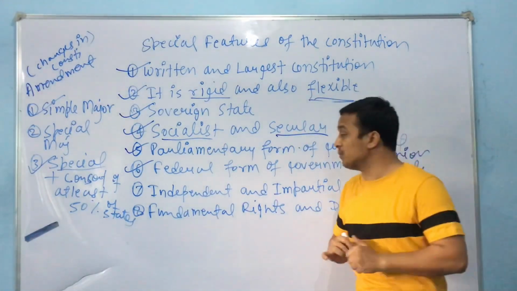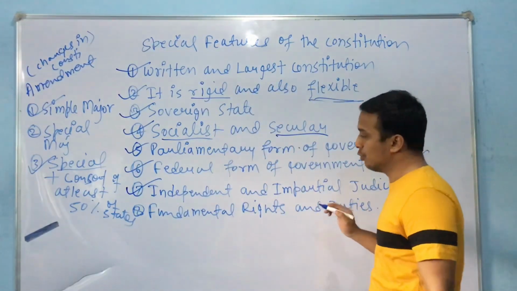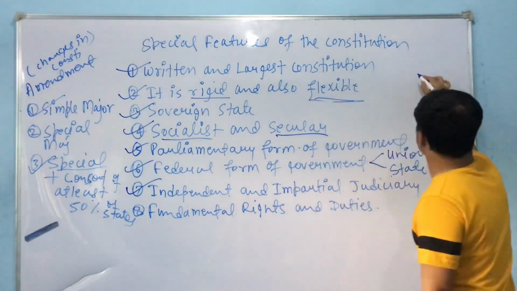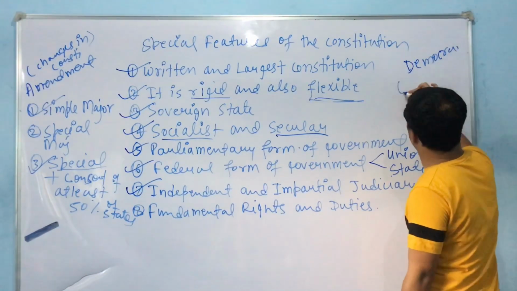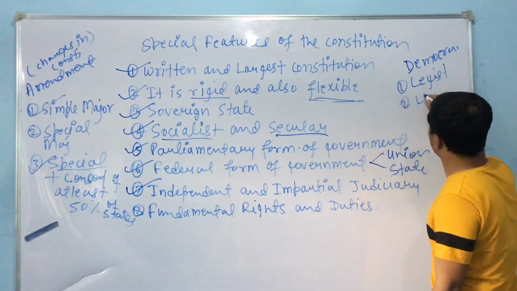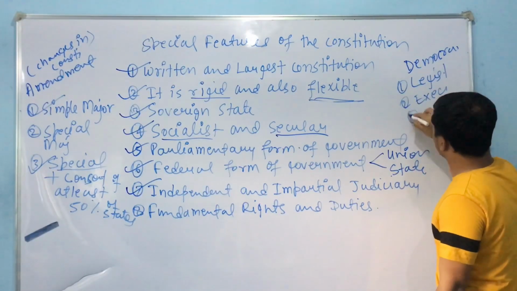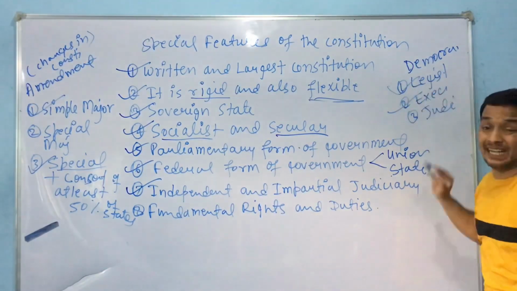Now next special feature is independent and impartial judiciary. Okay, so democracy के हमने three organs देखे थे. Democracy that was legislature, executive and judiciary. So basically these two are not independent.